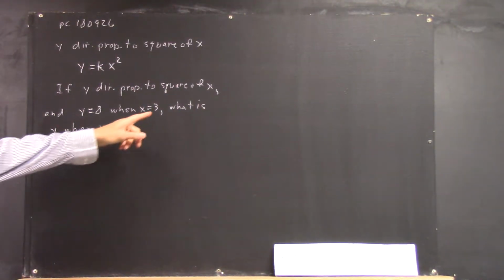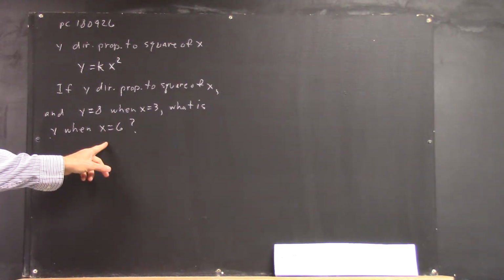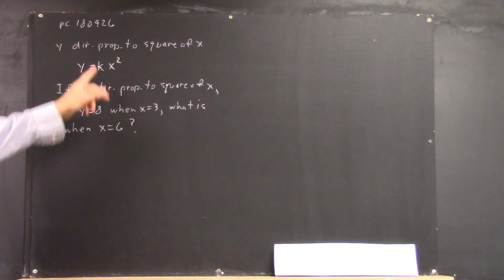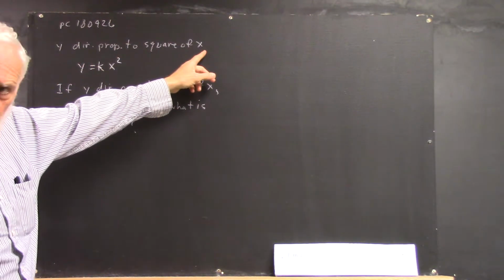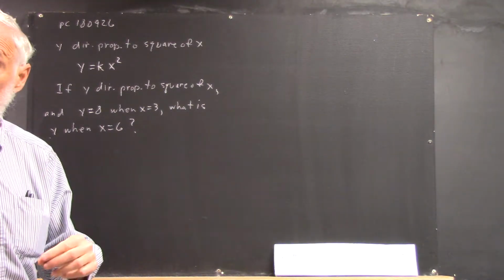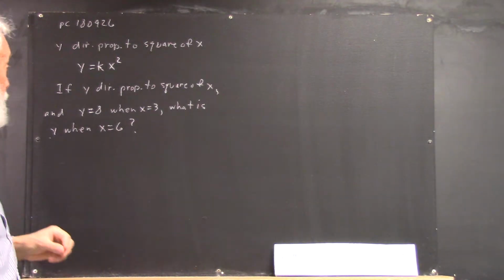Now you'll notice that we're doubling x, right? In a direct proportionality with x, you would expect that doubling x would double the value of y, right? But now it's proportional to the square of x. So it's not going to work out quite like that, but it's going to work out in a way that isn't too hard to understand.